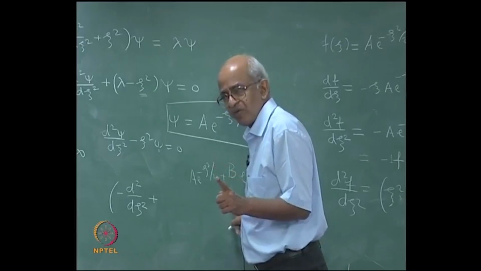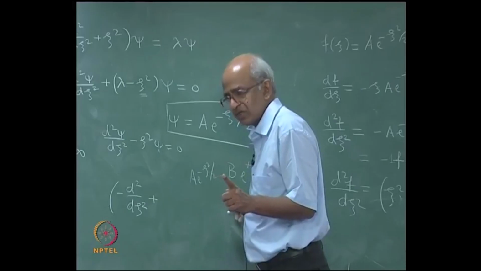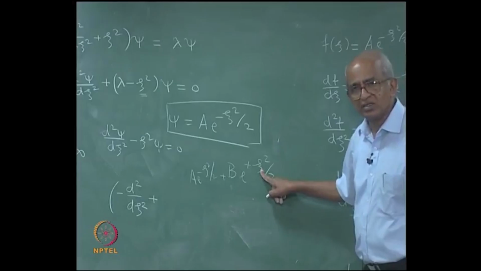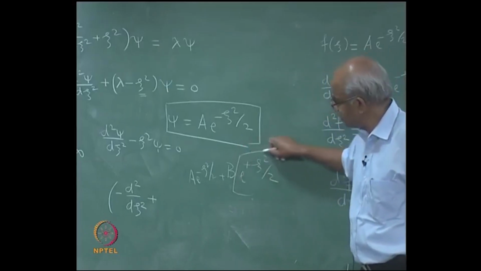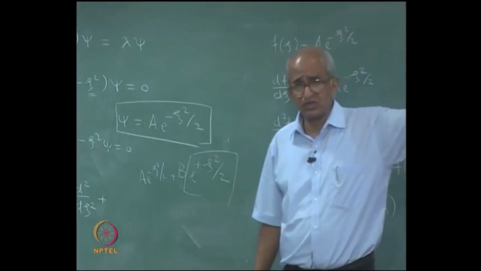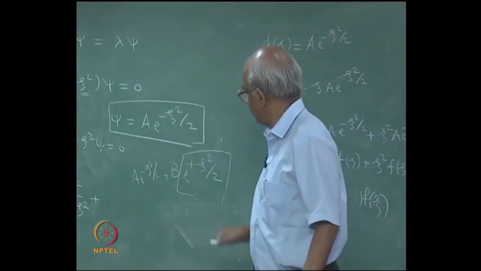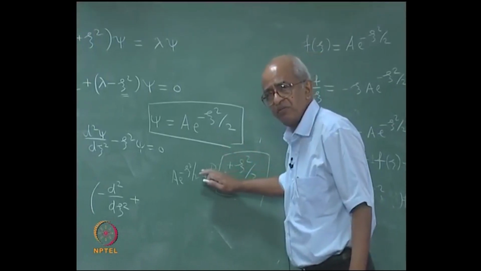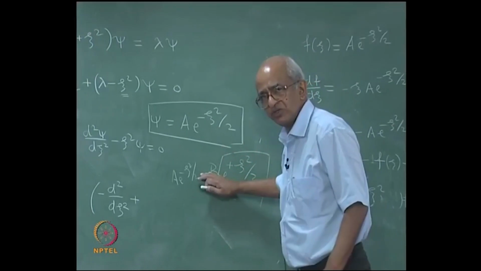Well, you have problems with this if you say this is the solution. The problem is that as the value of c becomes very large, this term becomes extremely large, it actually goes to infinity in the limit c goes to infinity, and therefore, you will have to say that b has to be 0, there is no other way.